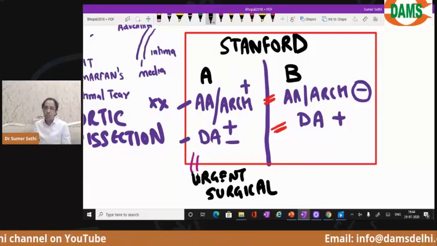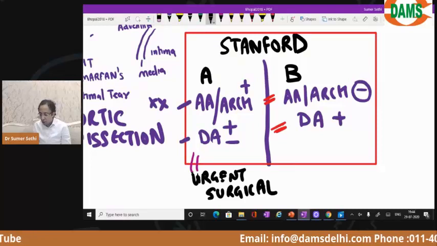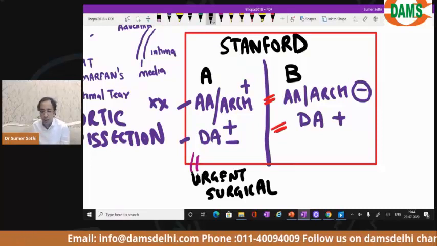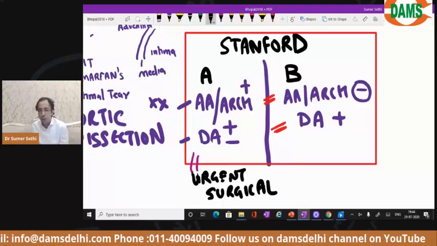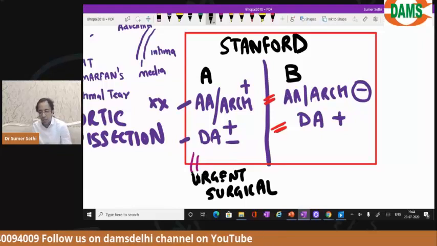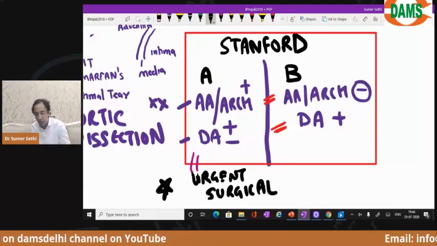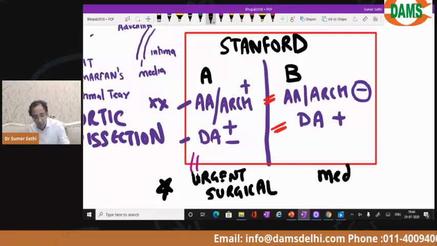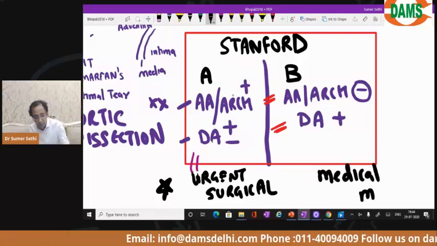If you don't do this, the patient will die. Okay. So there is no role for any medical management in Stanford type A dissection. You need to take the patient as fast as possible to the OT. The answer always has to be urgent surgical management is required. While Stanford type B can be managed medically.